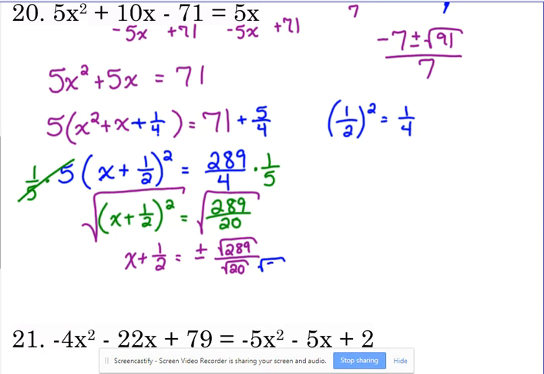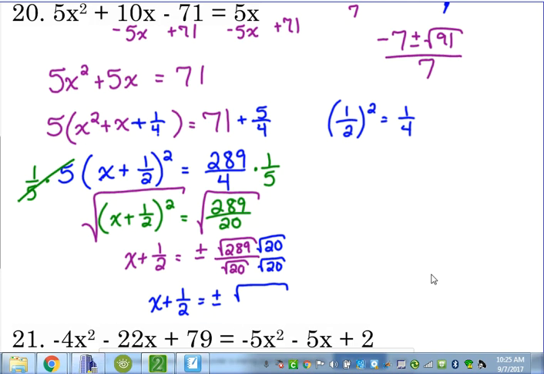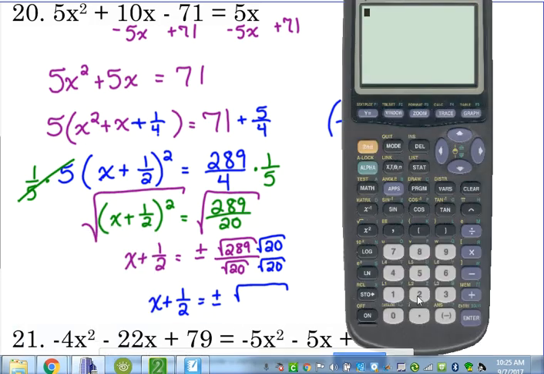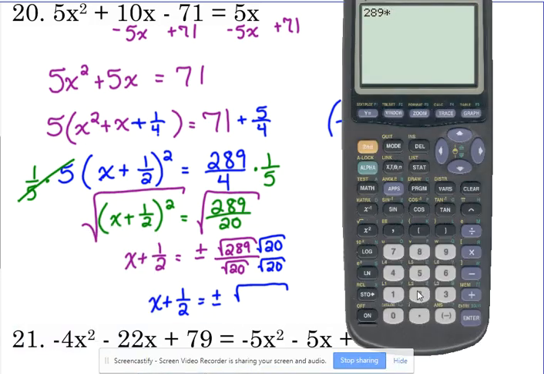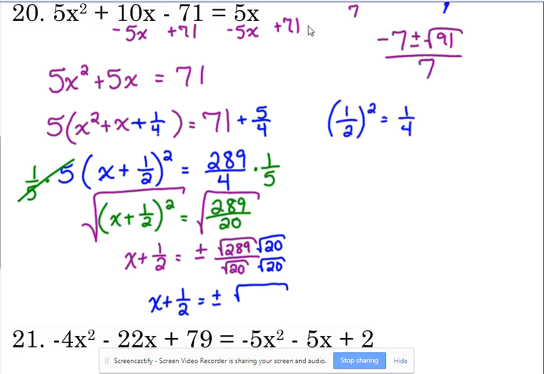Okay, so rationalize, multiply top and bottom by the square root of 20. So I've got x plus 1/2 equals plus or minus square root of 289 times 20, 5,780. That's a big number. Over 20. But guess what? It's going to reduce a lot.